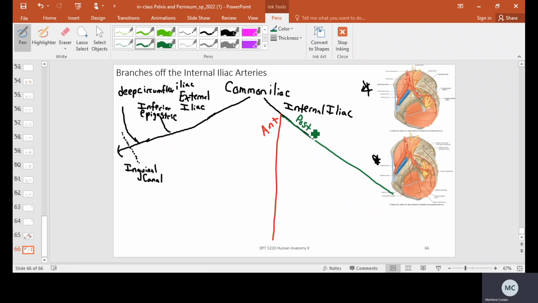The posterior division is going to give off the iliolumbar artery. And it's going to give off, I'm going to draw these kind of short, a lot of little arteries called the lateral sacral arteries.